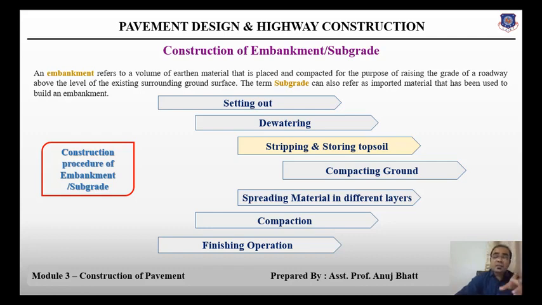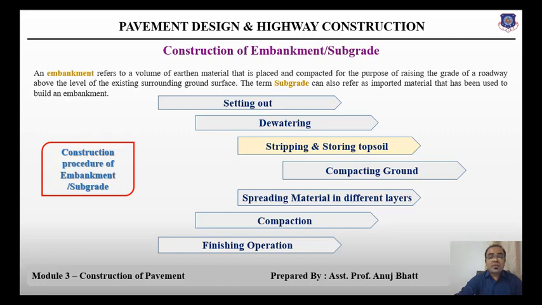At that place this soil has to be dumped, or else you can keep that soil in the stockpiles. A stockpile is nothing but a large area of accumulated stocks of goods or materials where you can store particular things.